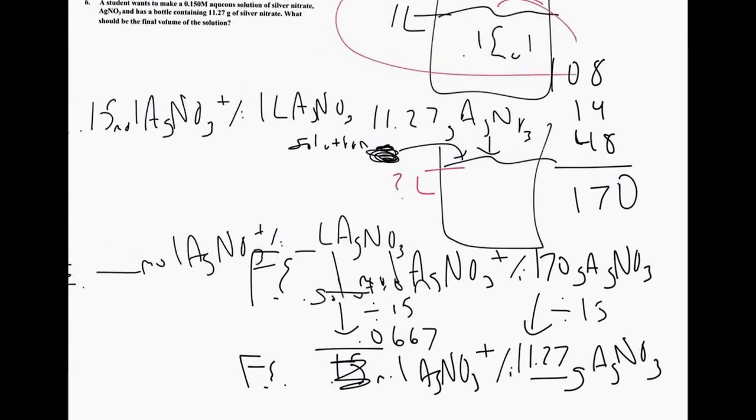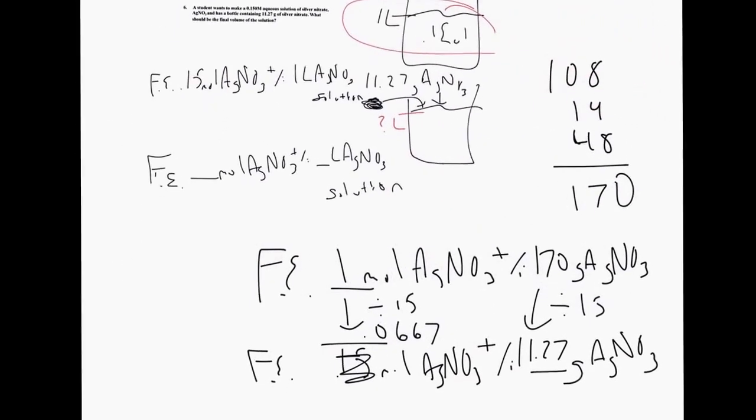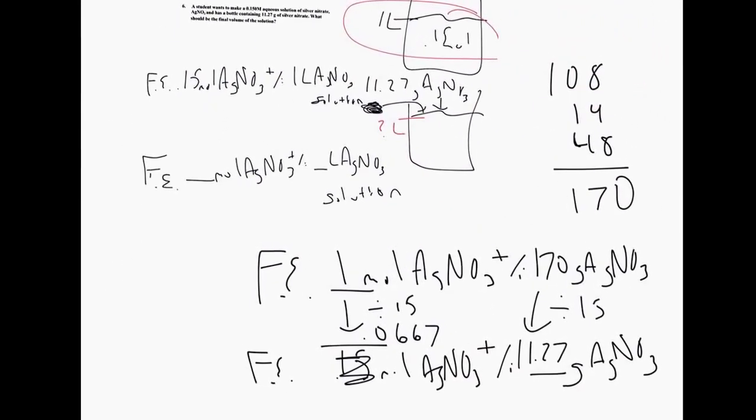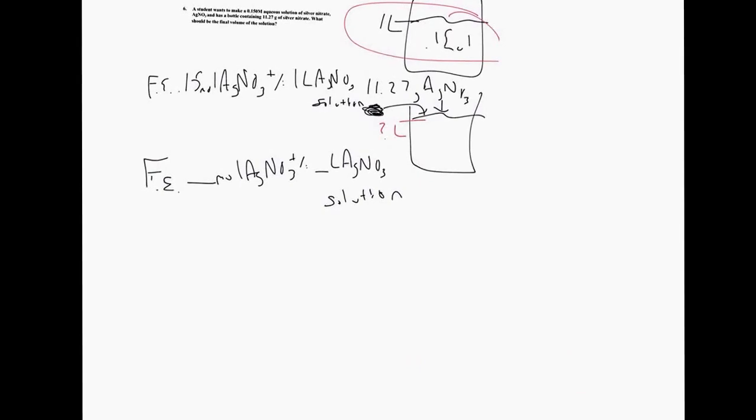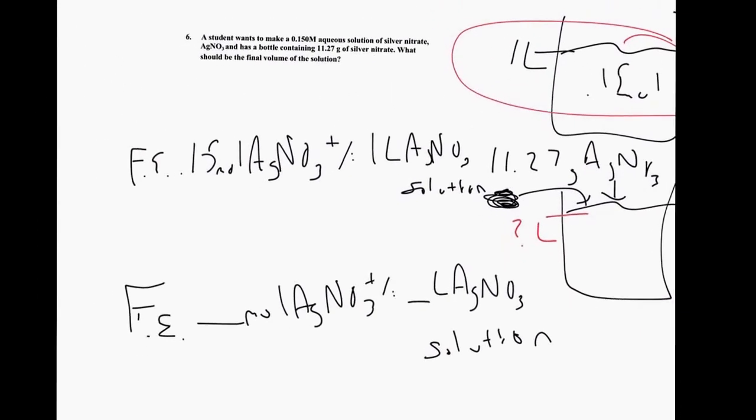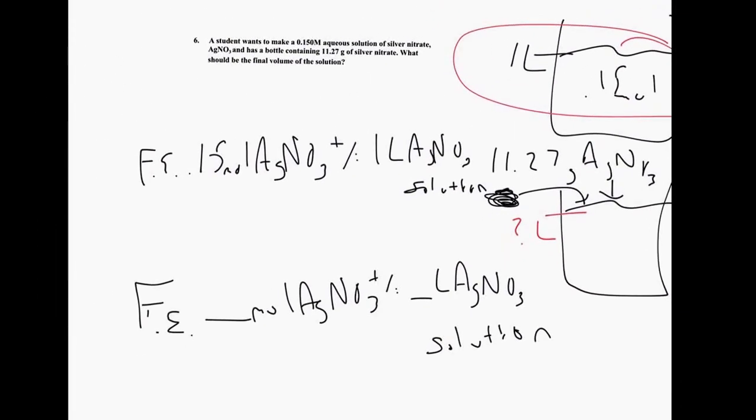So I'm going to go back up here. Get rid of all that. Go back up here. And I'm going to say this is 0.0667. And I'm trying to figure out the liters here. So that comes out to be divided by 2.25.